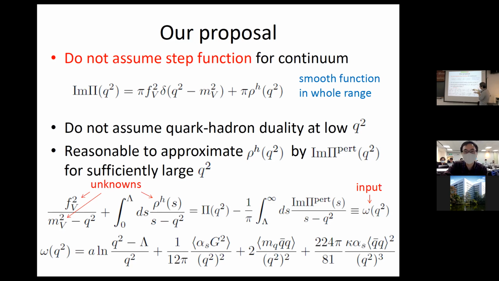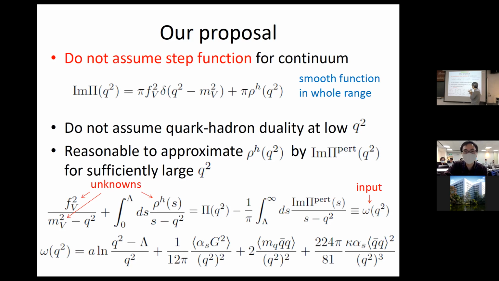And on the right hand side, there's a term pi Q squared, so the real part, in fact, at large Q squared. And this piece also contains the information of the vector propagation at high energy. So for this one, we substitute this particular piece for this spectral density. So the right hand side we call an input. It's a function of Q squared.